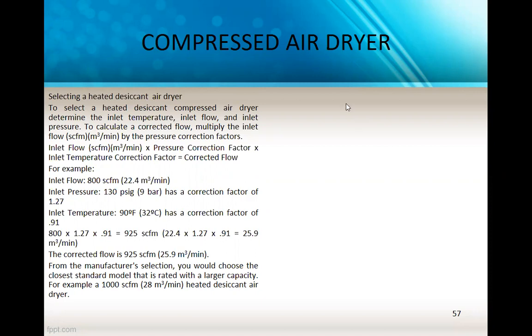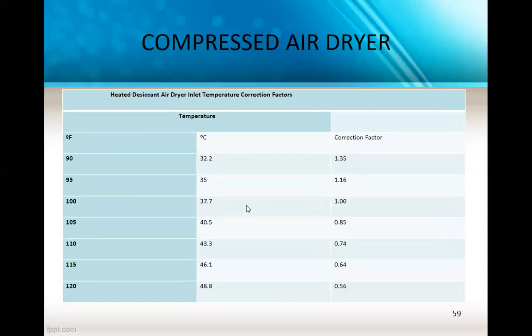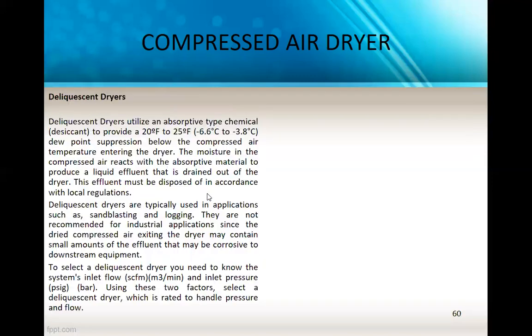In the brochure, say 1000 ACFM, available are 900 and 1000, so you pick 1000. This is the inlet pressure correction table: 100 psi gauge is 1.0. And the inlet temperature correction factor.